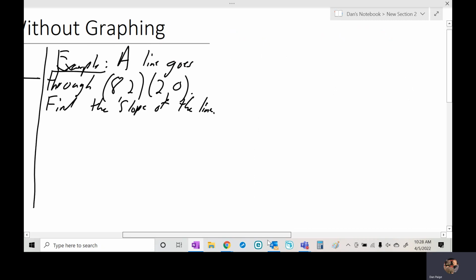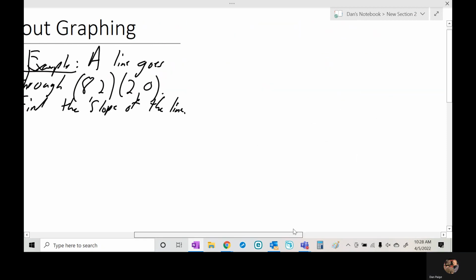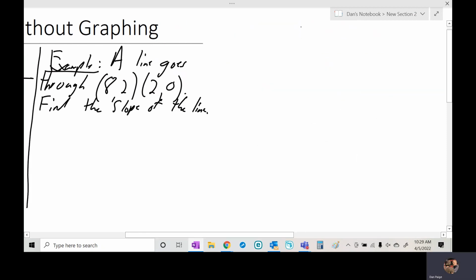I'm going to draw in red here what you're not going to do. What you're not going to do is what we did last time. Last time they had these all graphed out. We'd have a dotted (8, 2). Oops, I just did (8, 2) backwards.